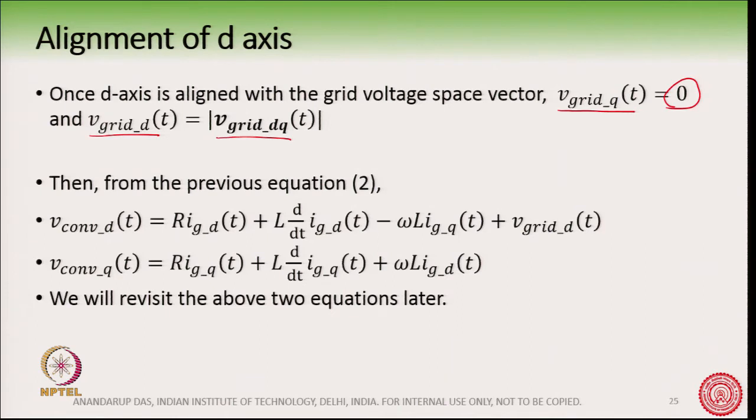Therefore, I can modify equation 2 by making V grid q equal to 0, and then we can write these two equations once more. We will come to this equation later when we do the small signal modeling, but once we have aligned the D axis to the grid voltage space vector, we get these two equations.